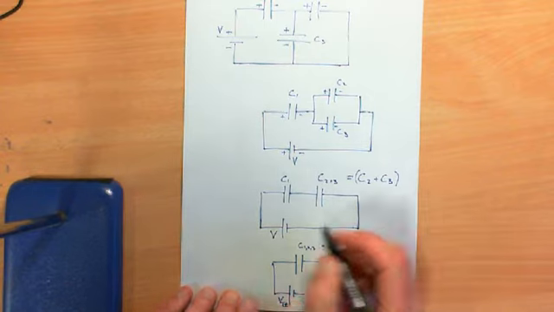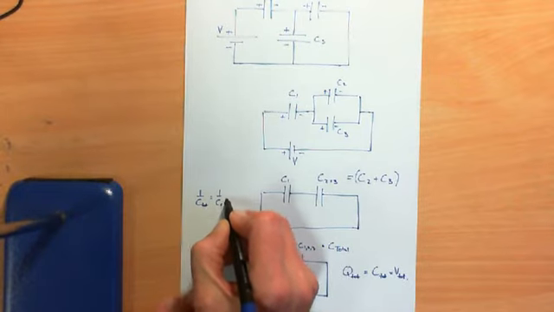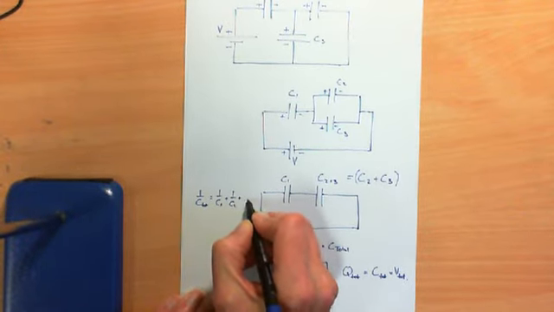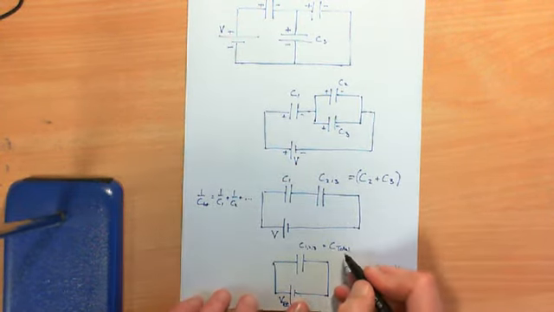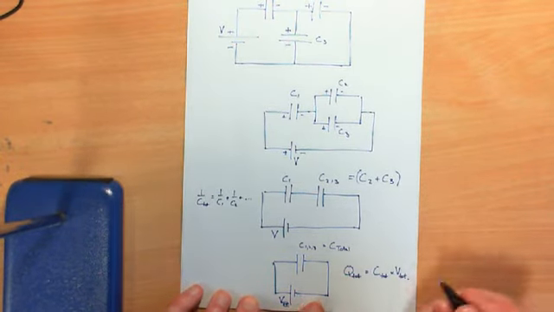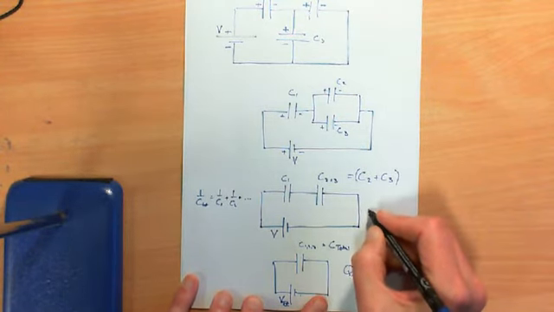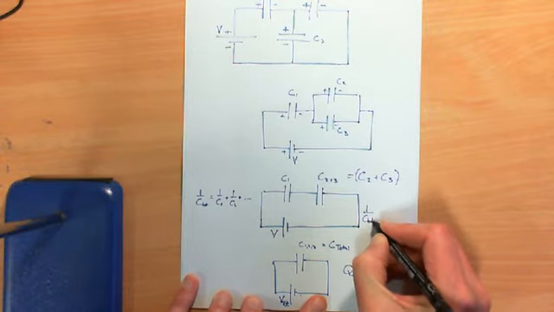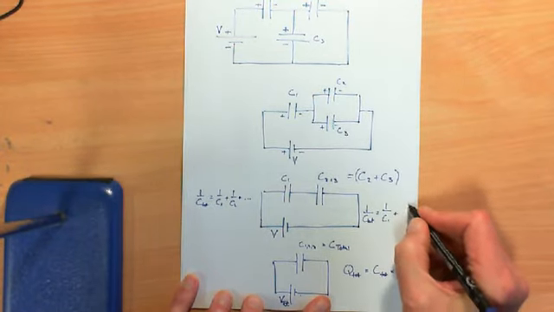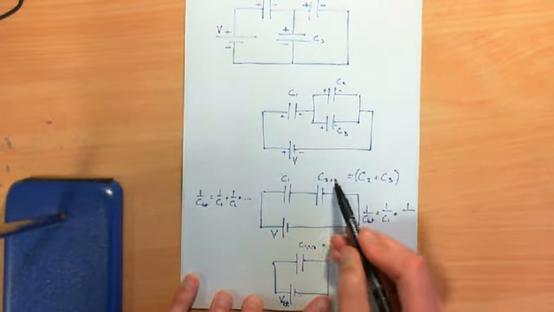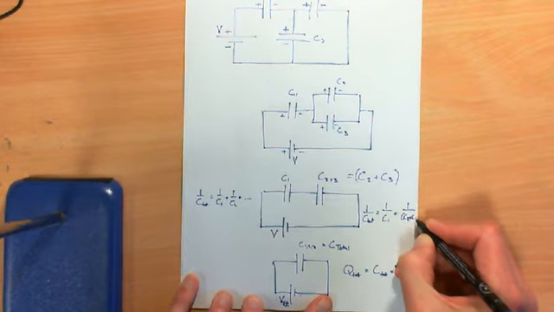So series capacitance, remember that's where we have 1 over C total is equal to 1 over C1 plus 1 over C2 plus etc, etc. So in this case, putting in the values here, 1 over C total is going to be equal to 1 over C1 plus 1 over C23, which equals 1 over C2 plus C3.